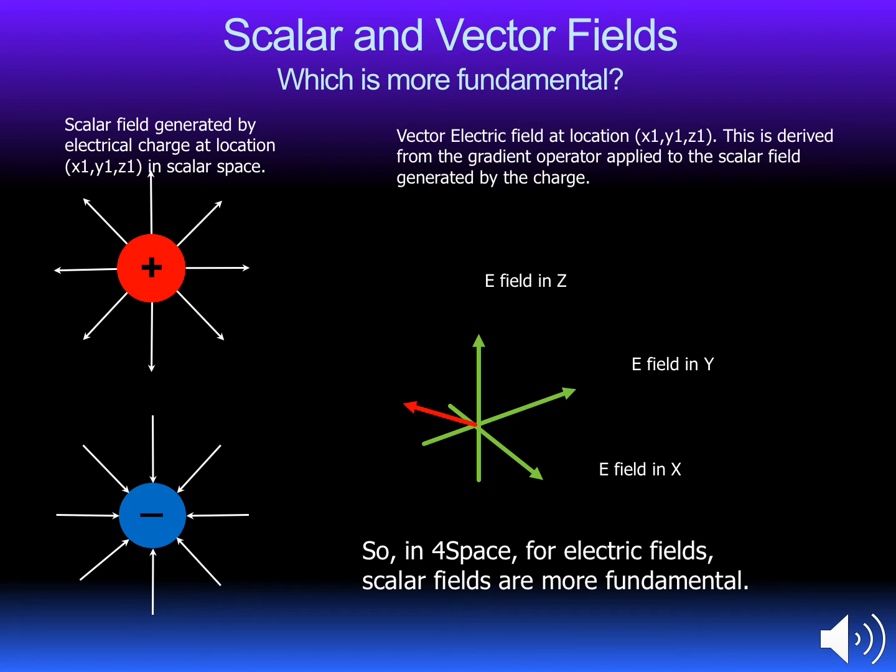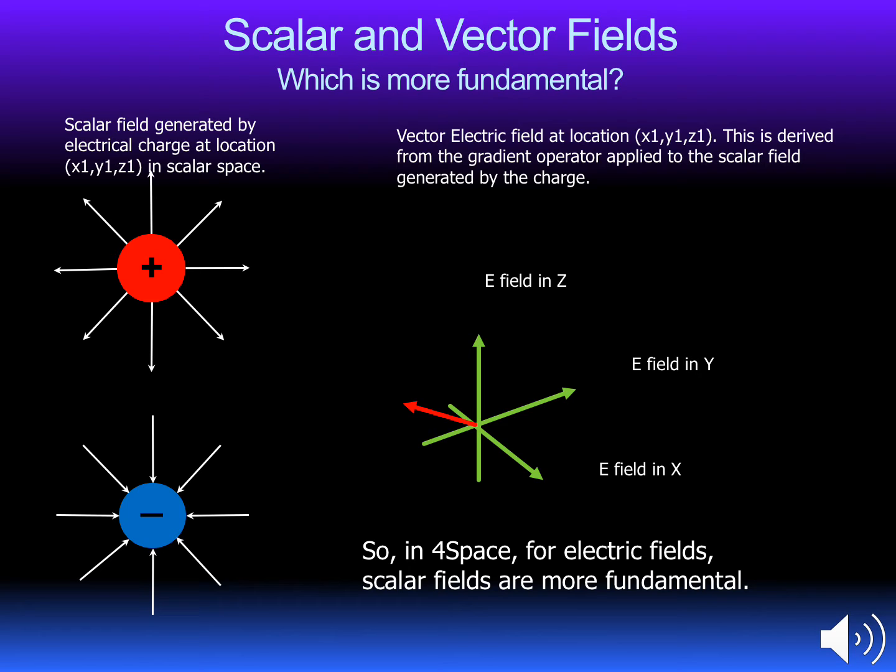And the question that we're going to look at is which is more fundamental? So on the left-hand side, we have two graphics that represent a positive charge and a negative charge. And these positive and negative electrical charges generate scalar fields, and they're in a location of, say, x1, y1, z1 in scalar space.